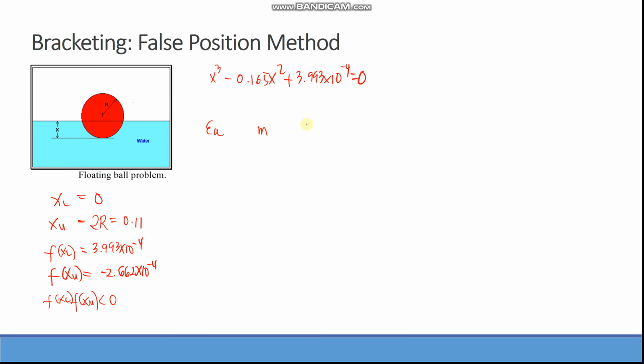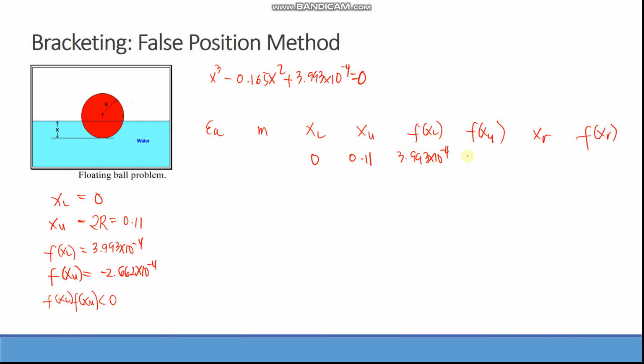So we just calculate the new, approximated root using the false position formula. Let me just write this here. So we have the 0.11, and the 3.993 times 10 to the negative 4.